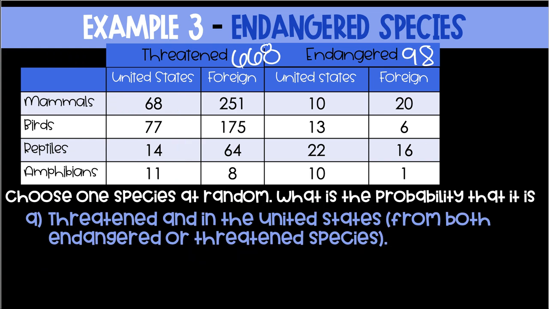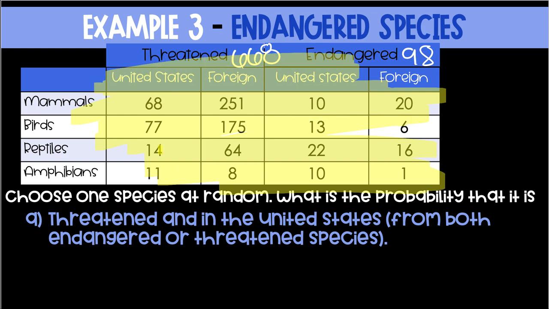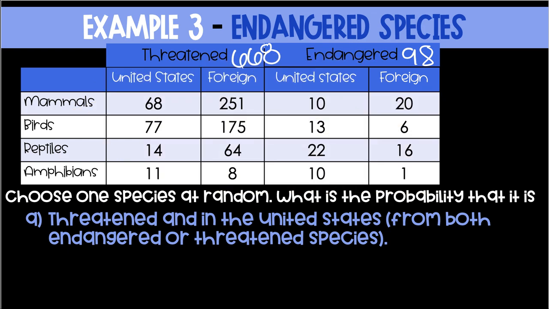If we choose one species at random, what's the probability that species is threatened in the United States, but this time from both endangered and threatened species, from all of them? From our previous example, we had that this column was 170, which is the species in the United States and threatened.